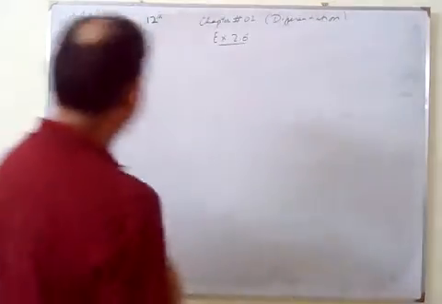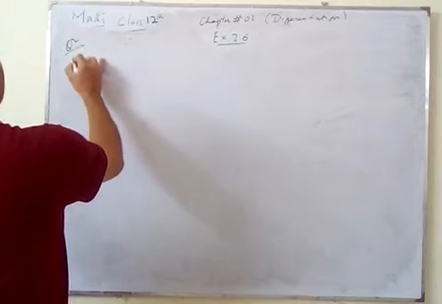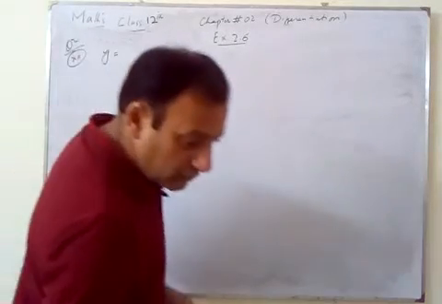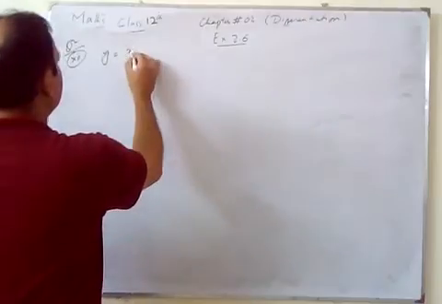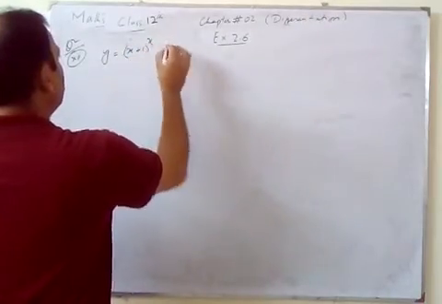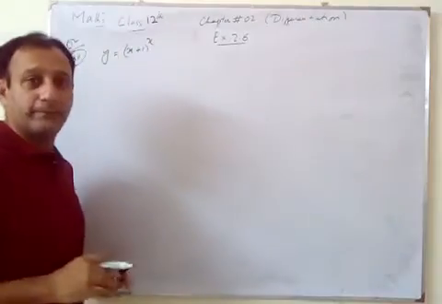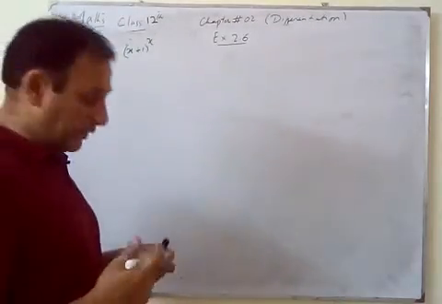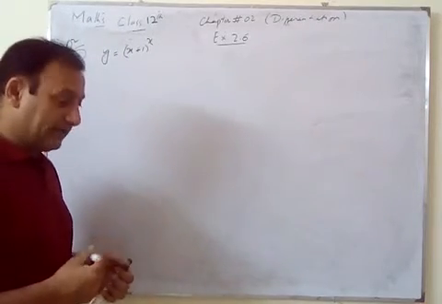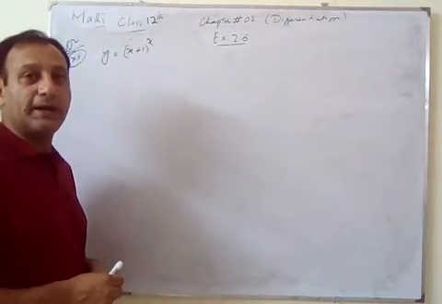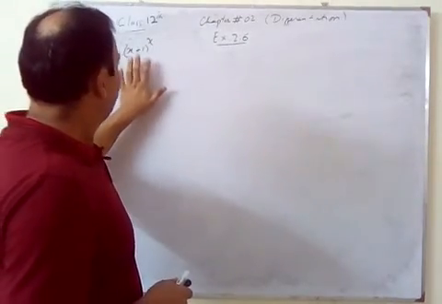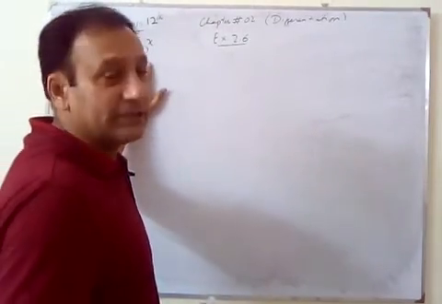Now another important one, the 12th part. y is equal to x plus 1 whole power x. Now x is there in the power, so we cannot differentiate it directly. So logarithm is used here. The main purpose is to take the derivative of these types of functions.